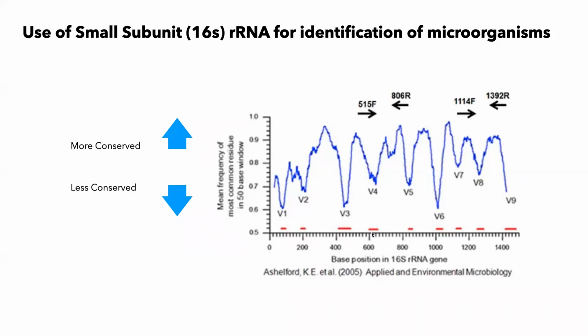So species, families and genera are all levels of taxonomy. And let's say overall this gene is conserved as compared to others. If you have more diversity in a group, that means you have more groups within that group. And if you have less diversity, that means you have fewer groups.